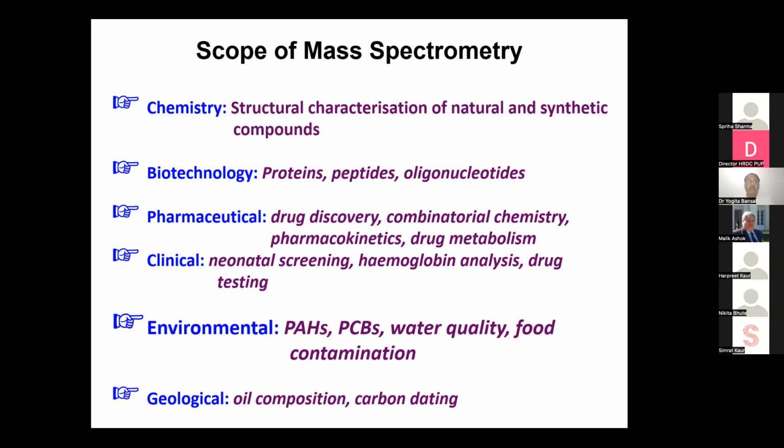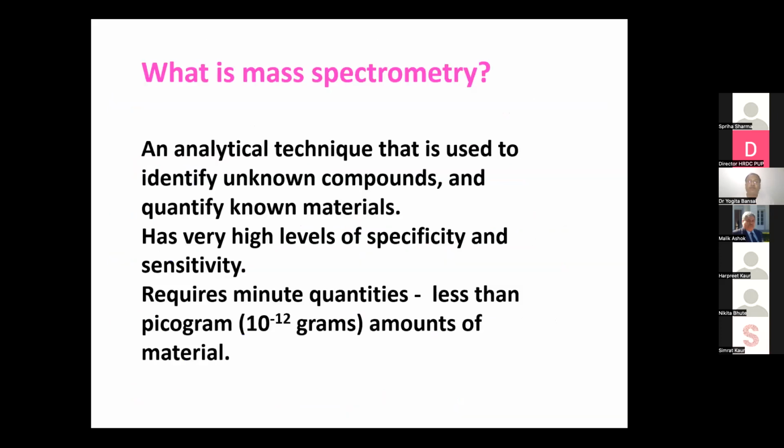It can analyze any type of compound, be it of natural origin or synthetic, in biological systems or physical systems or chemical systems, or in any sample: air, water, soil. So all types of samples, whatever compounds are there, can be analyzed with the help of the mass spectrometer.